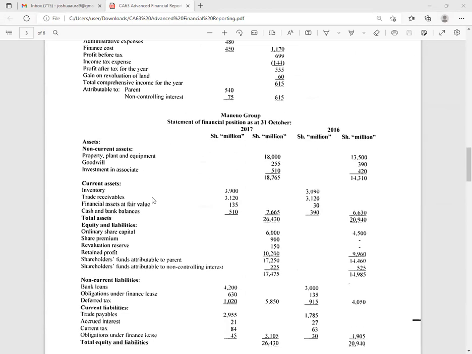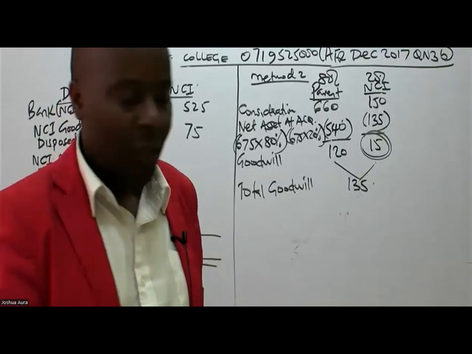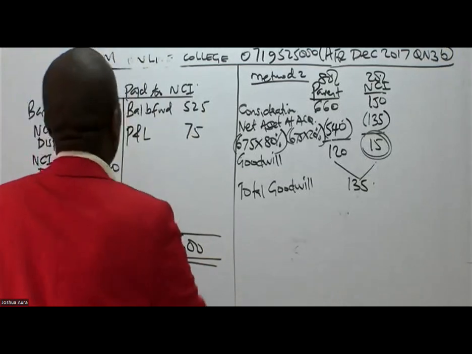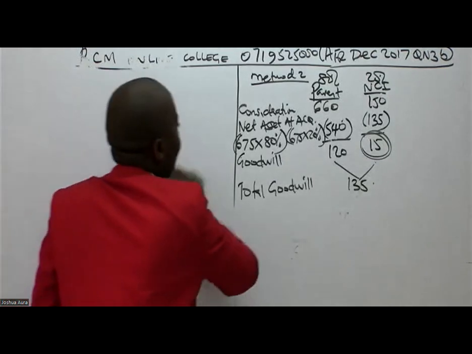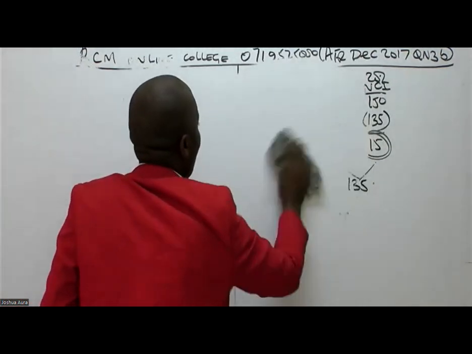If you look at this, we have an asset called goodwill. The opening balance was 390 and the closing was 255. Goodwill impaired: impairment loss of goodwill.